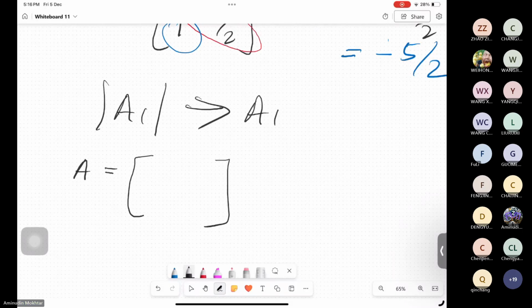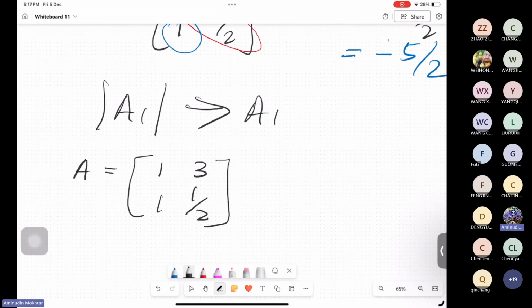Matrix A equals 1, 3, 1, 1/2. That is matrix A. So the next question is, what is the difference between A and A1?